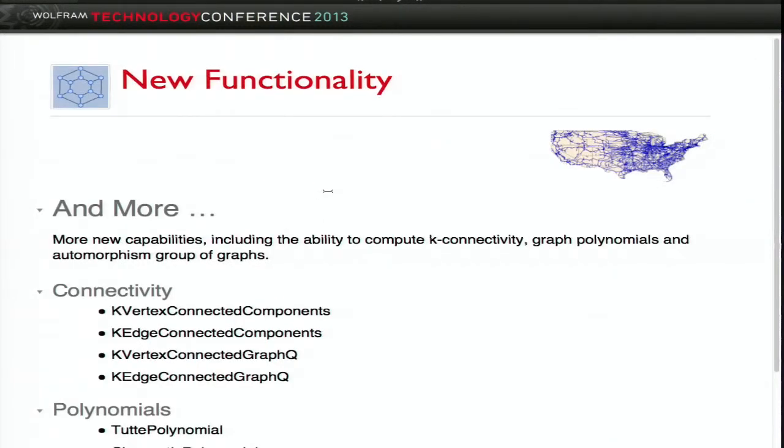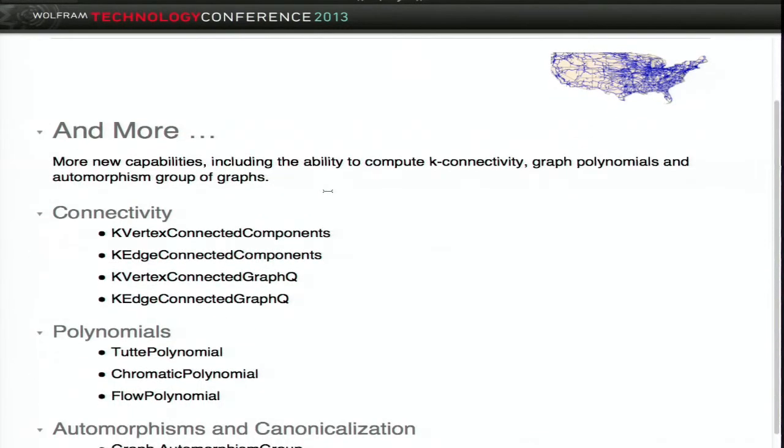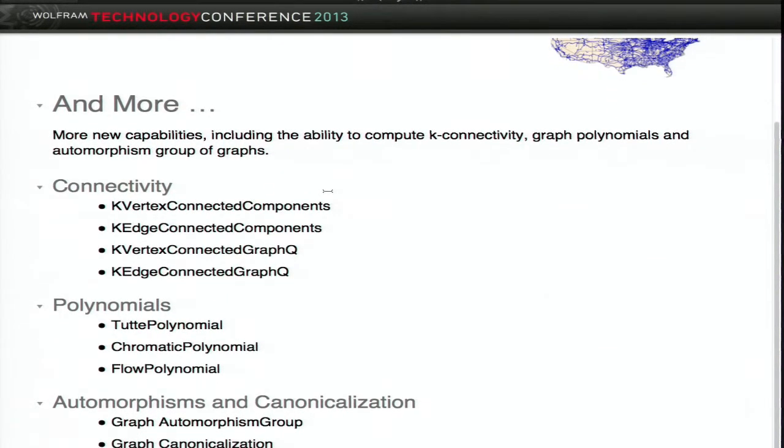So that's in terms of visualization. What's coming more? This is just a tiny preview. More functionality in terms of connectivity: k-connectivity, vertex and edge connectivity. We plan to push in terms of polynomials. People who love the fundamentals of mathematics, like Eric, will have several types of graph polynomials, which will be efficient.